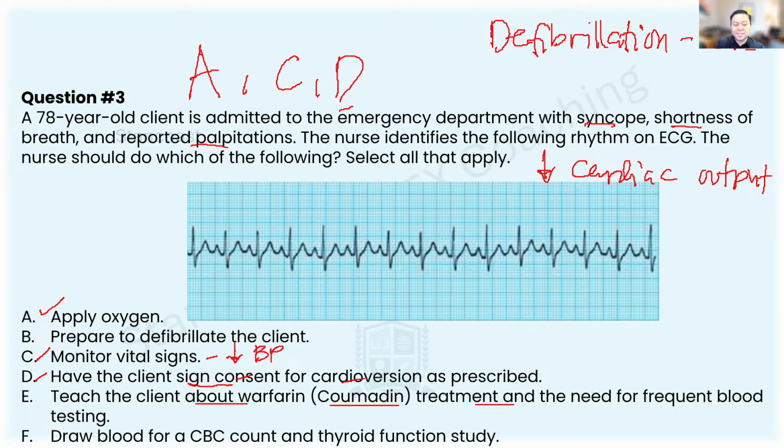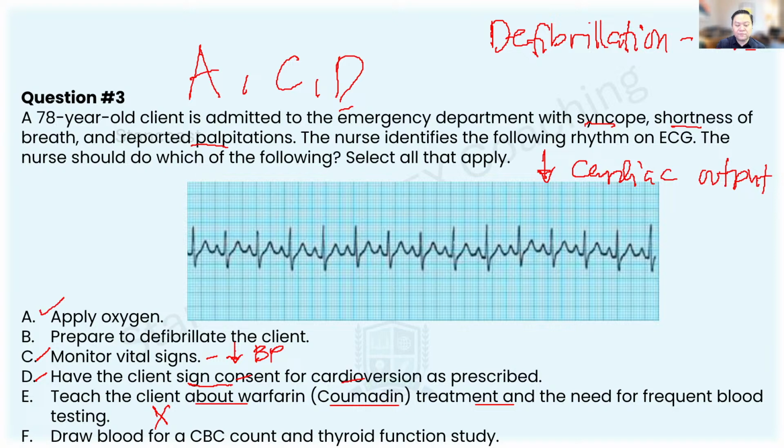So what we're going to select here are those nursing actions that will resolve the patient's decreased cardiac output, okay? So that's oxygenation. I'm going to monitor vital signs to check for low blood pressure, and we're going to have to get the patient ready for the cardioversion, synchronized cardioversion. So letter E is only applicable for a scenario wherein probably the patient is already much more stable, so we can include the teaching.